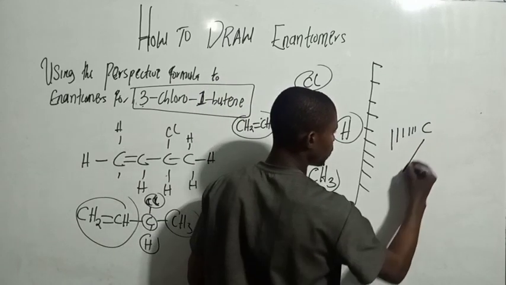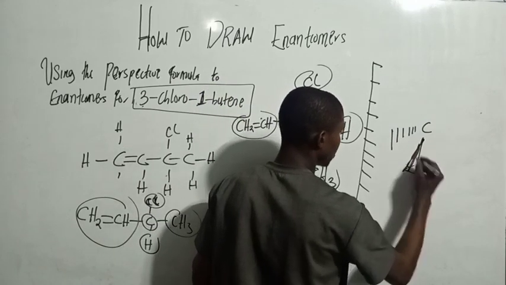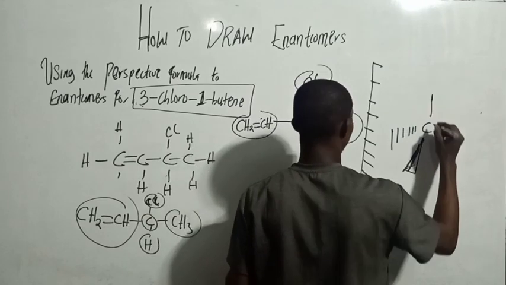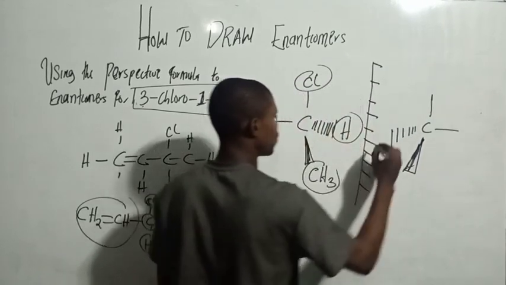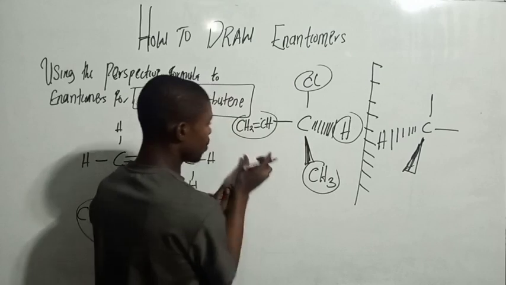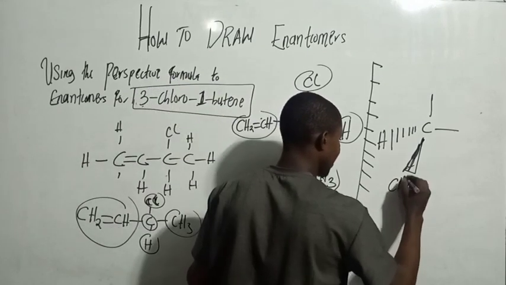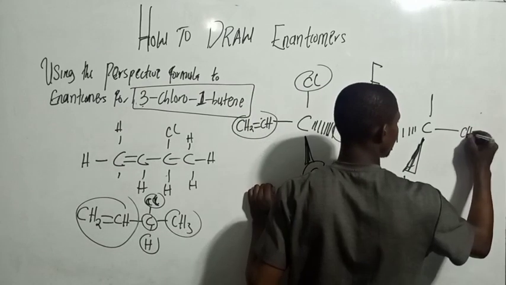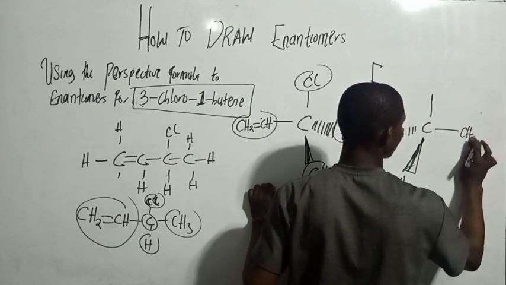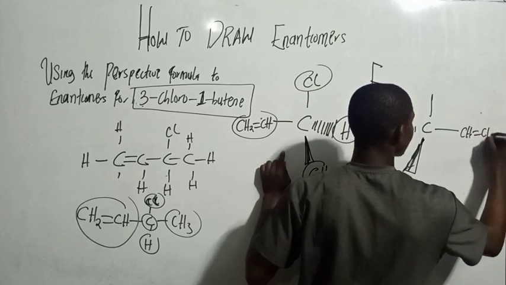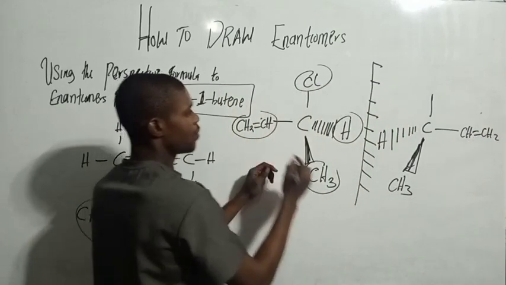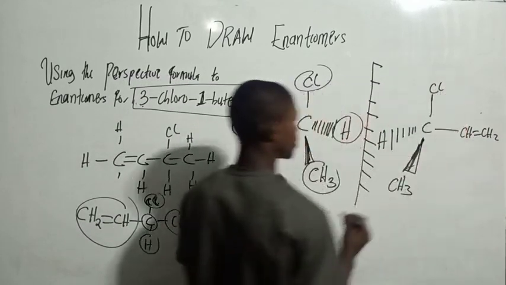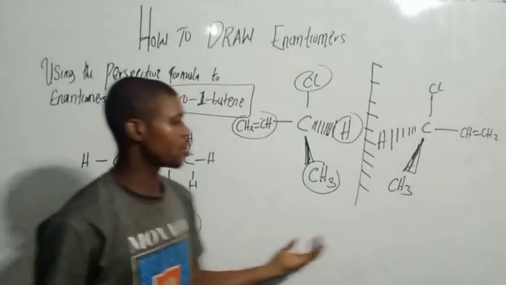Then you have this one, and here we have this one. This one is hydrogen. Then here we have CH3, and here we have CH double bond CH2. And here we have Cl. Just see that. So we have drawn the enantiomers.